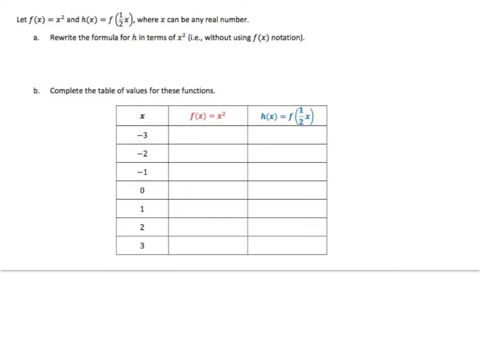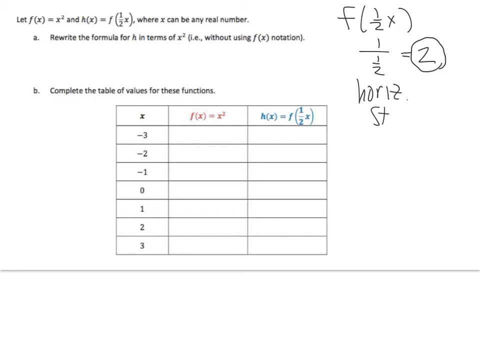So now we have, let f of x equal x squared and h of x equals f of 1/2 x. So here we have f of 1/2 x. So I'm going to do 1 over 1/2, which is 2. So my scale factor is 2, which is a horizontal stretch.